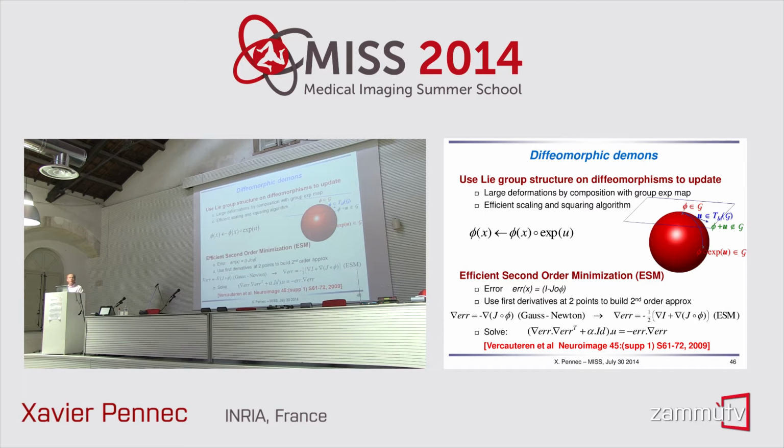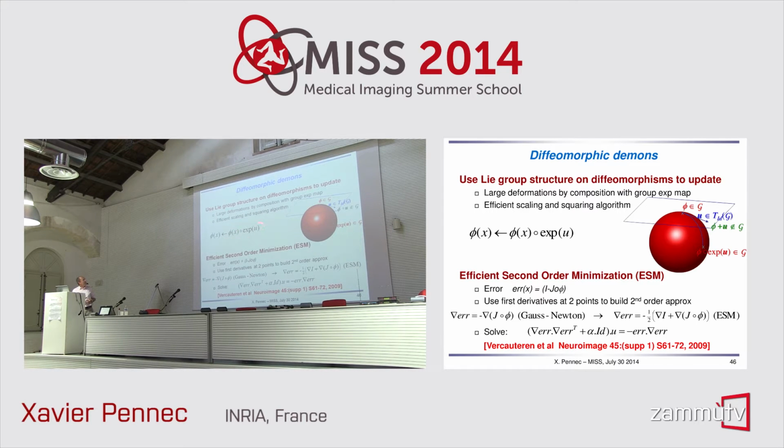And instead of saying, I am at this current deformation, I want to go in that direction, this is my correction field. So instead of adding, in which case you see that I'm leaving my manifold, I'm going to compose and take the exponential, which is basically take the geodesic on the space and compose. And so this is the idea.